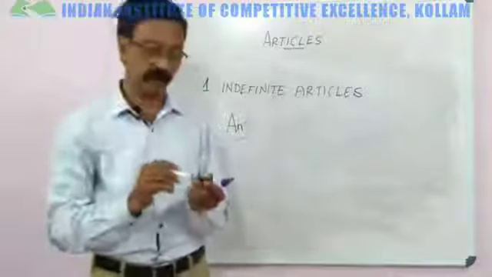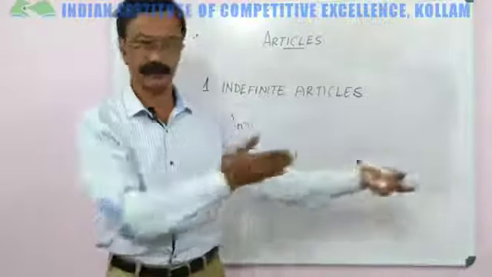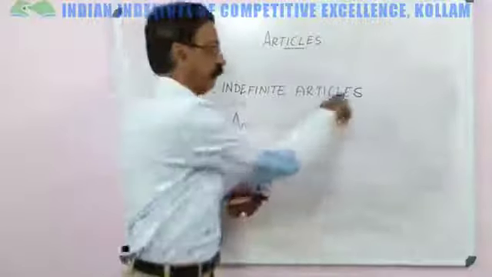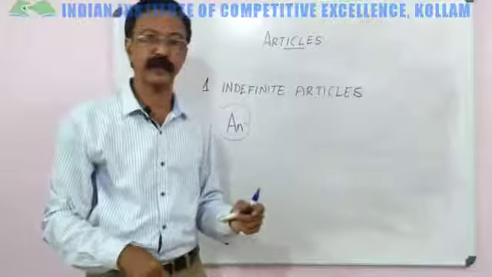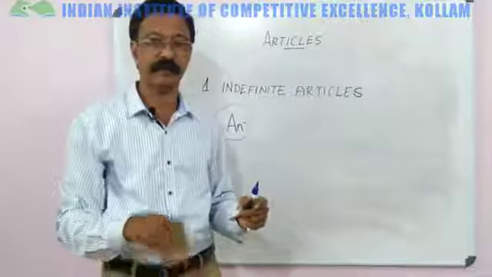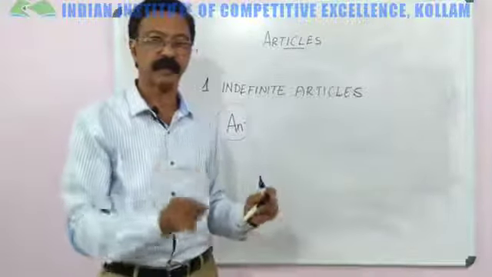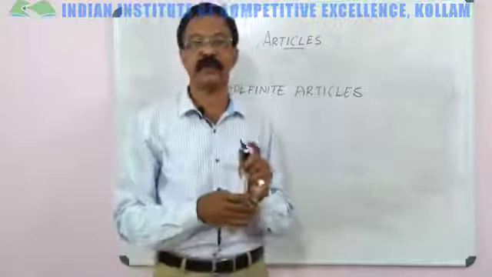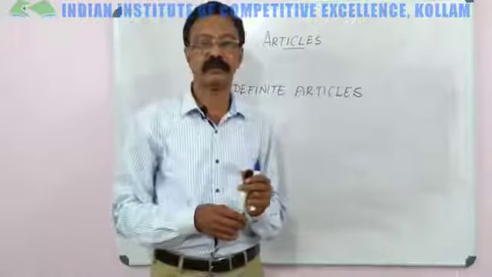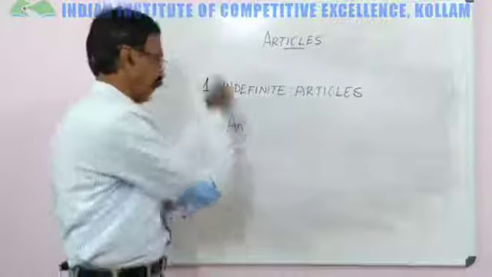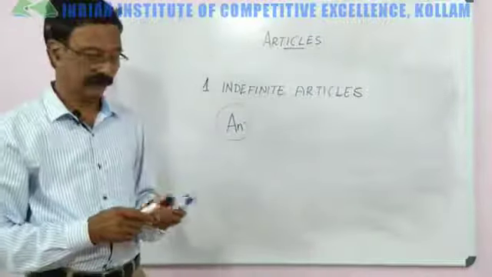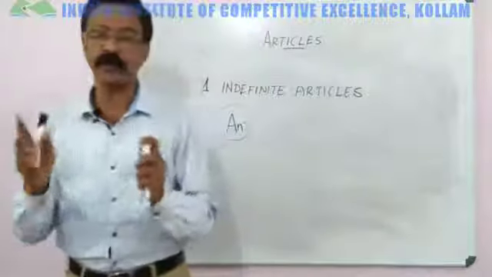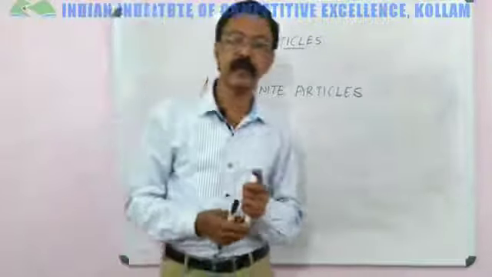With those nouns, starting with, I said it earlier, when I explained the use of an, I said before those nouns starting with a vowel sound, an is used. So think of a few nouns starting with vowels.